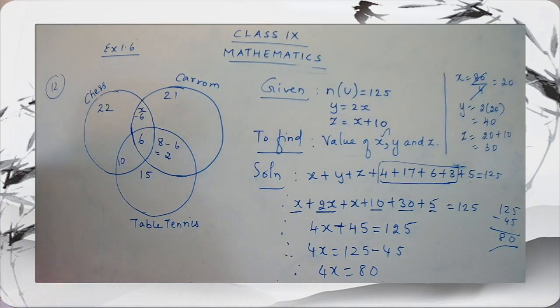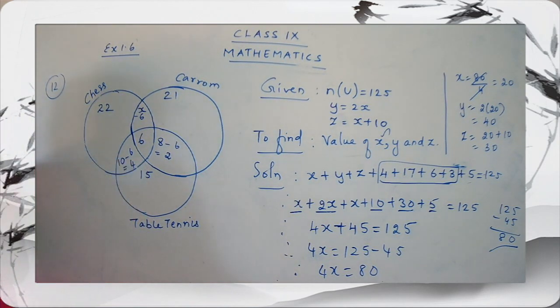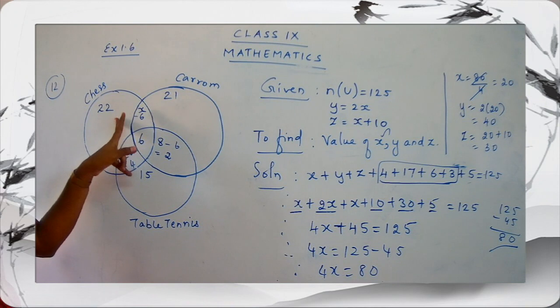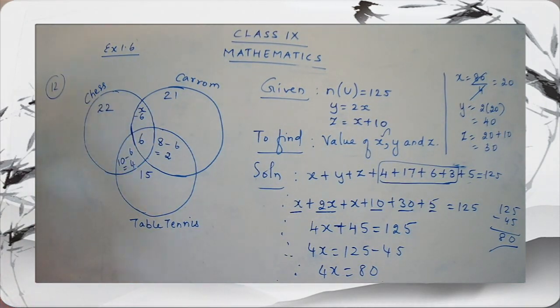And again you're going to subtract from 6. So 10 minus 6 is equal to 4. I don't have the value for the common part for chess and carom. No problem, you have to keep it as x minus 6. Children, have you taken the next part?